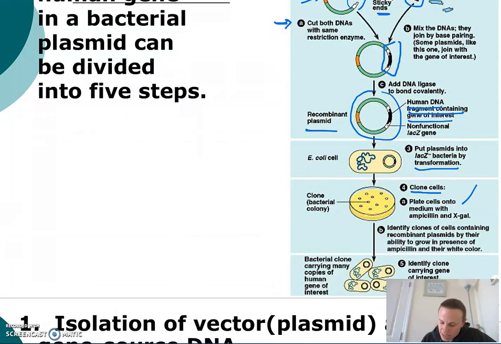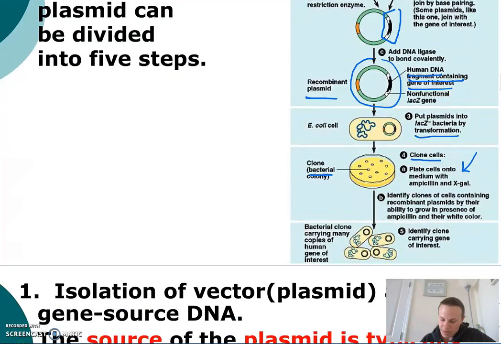First, I plate that cell onto a medium that contains agar, which has all of the nutrients that the E. coli, or whatever bacteria I happen to use, need in order to survive. And then I'm going to identify the clones that contain the recombinant plasmids, which therefore would also contain my gene of interest.